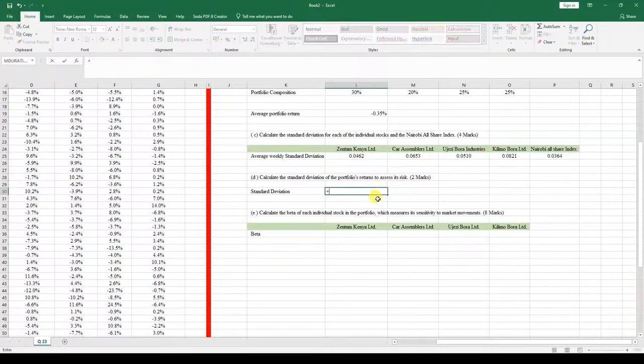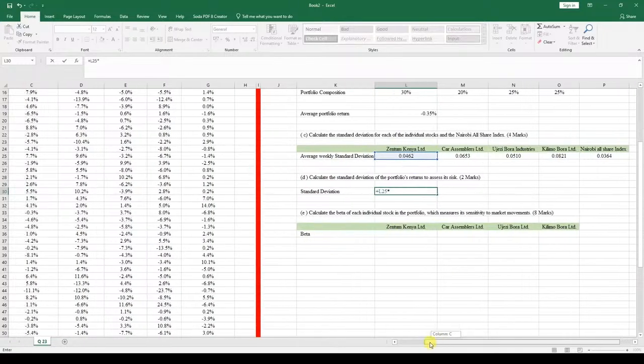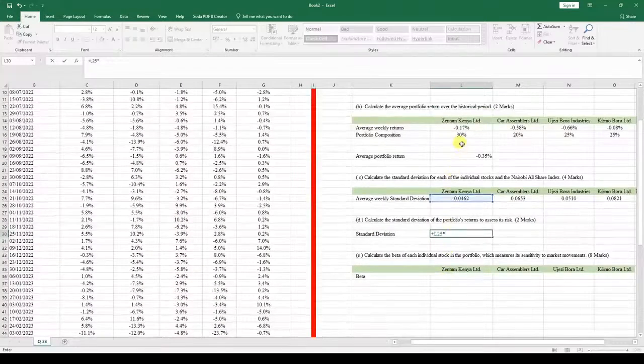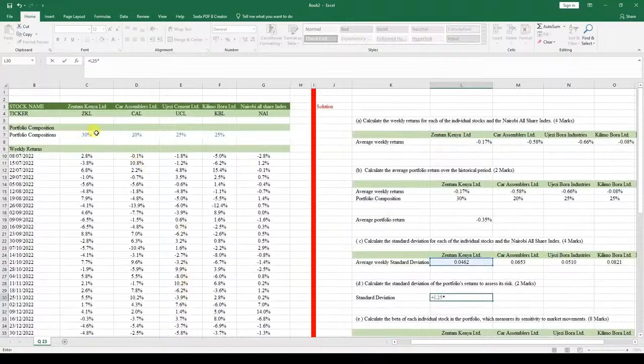And we're saying it's going to be, we pick that standard deviation times its corresponding weight over here. The corresponding weights were given to us over here. We can use that, or we can even use this portfolio composition right over here.